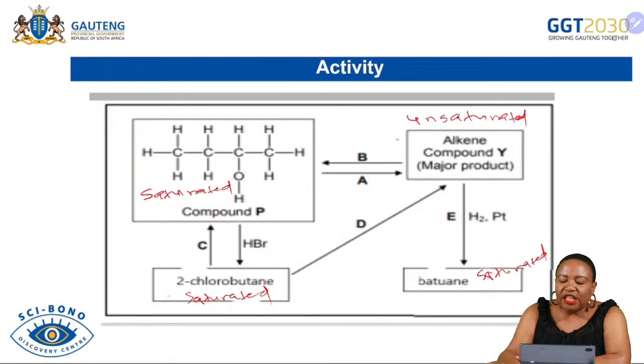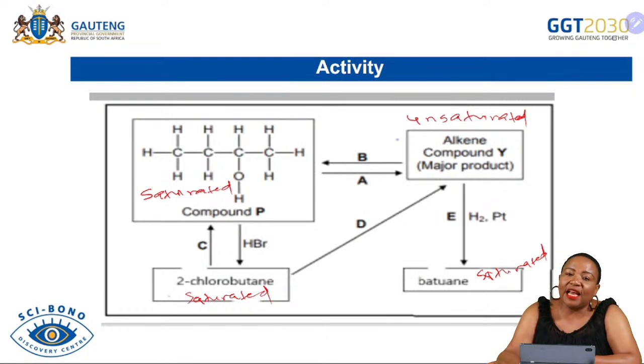Then when you look at B, B is from unsaturated to saturated, meaning that it is from an alkene which we have classified as unsaturated. Even though we don't know the name of the alkene, compound Y, we know that the homologous series is alkene and alkenes are unsaturated.